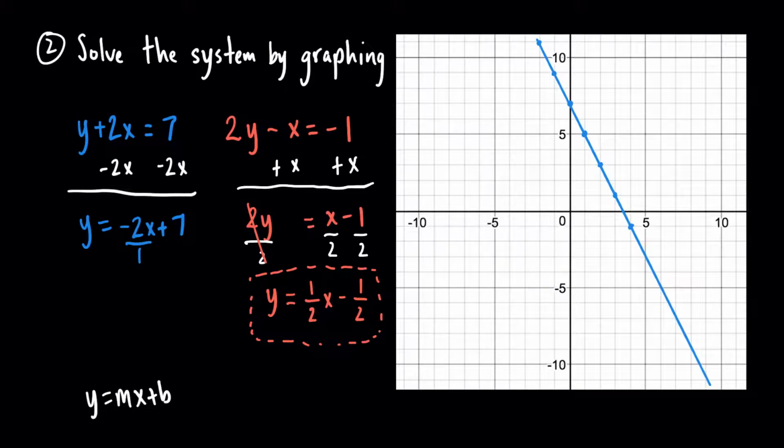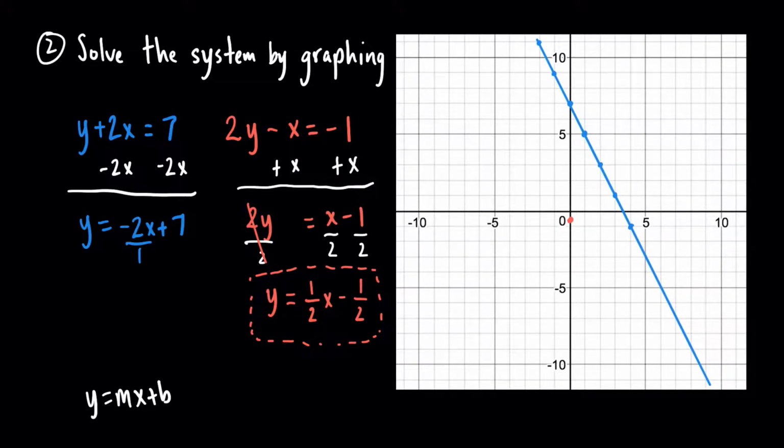And let's go ahead and graph this. And this one is a little ugly. So it's going to start at negative 1/2. And then we're going to go up 1 over 2, because that's the slope there. So let's do it.